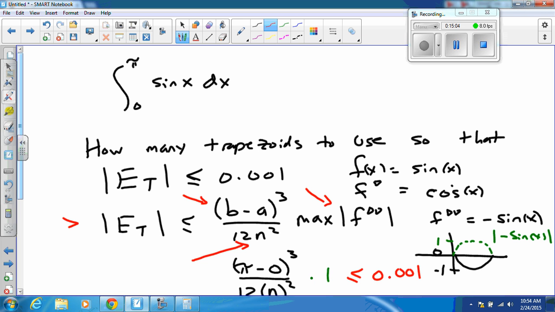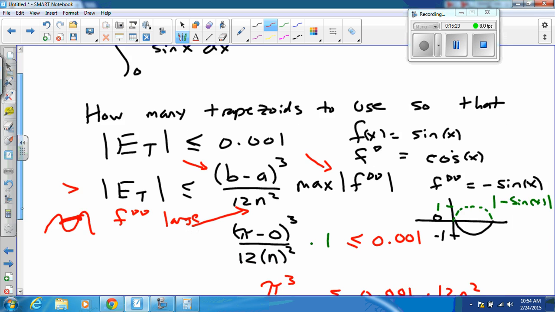And the final thing I want to observe is that the error is proportional to this maximum value of f double prime. In other words, a function that has a lot of curvature to it, so that f double prime is large, is going to have a lot of error in its trapezoidal approximations, because the trapezoid is going to cut across a deep valley or a high mountain.